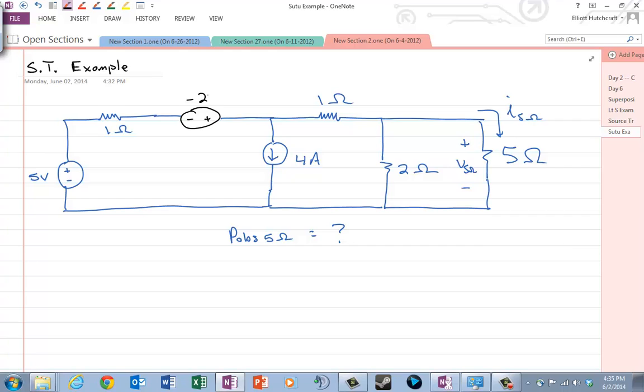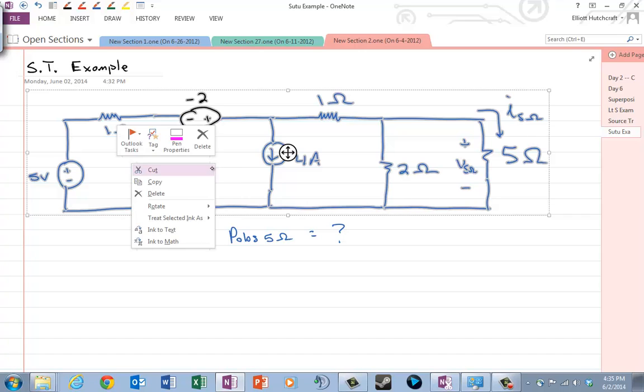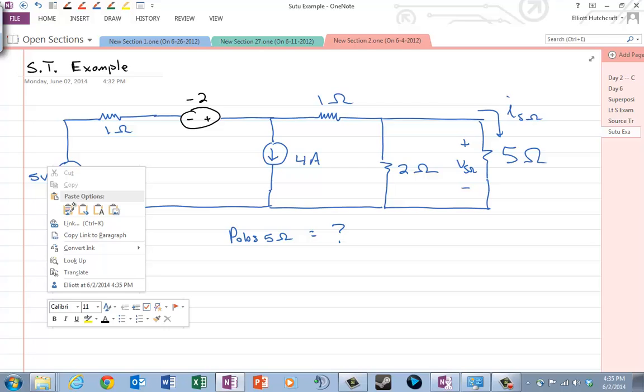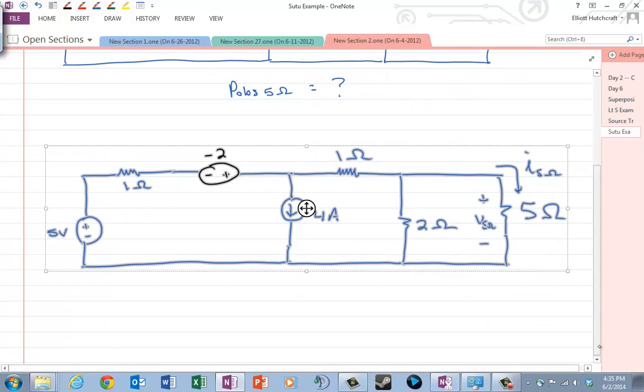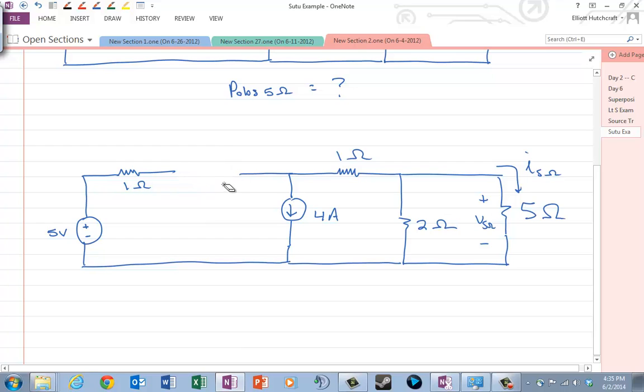So now they have the same reference direction, and so my net, if I start my analysis, will not be 5 anymore, it will be 5 plus a negative 2, which is equal to 5 minus 2, which is 3.